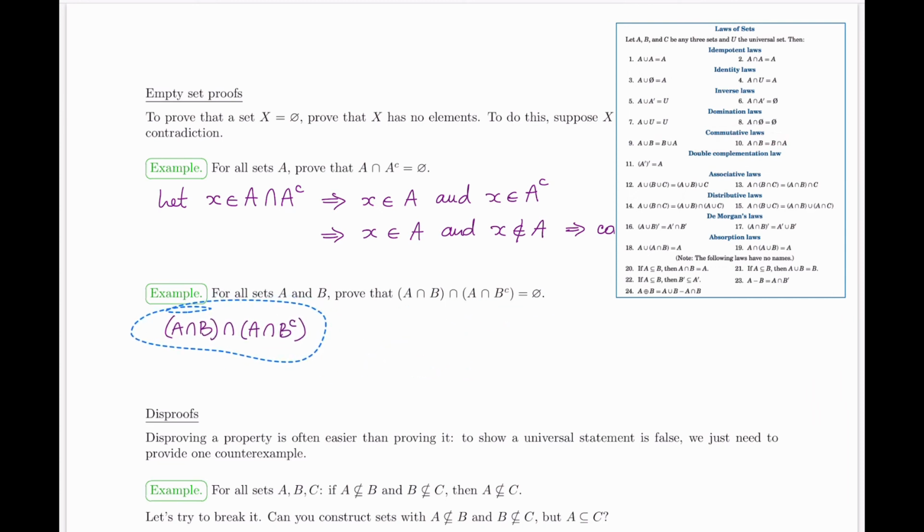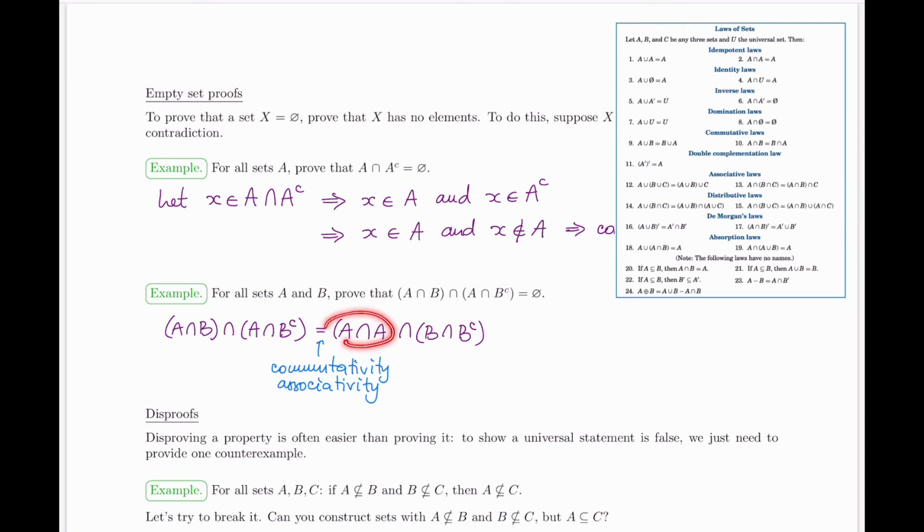So I can go from here to, for example, A intersection A, intersection B, intersection not B, by virtue of using commutativity and associativity in one step. Now, of course, I can write it all out, but these are pretty straightforward operations, so I'm going to leave it as is.